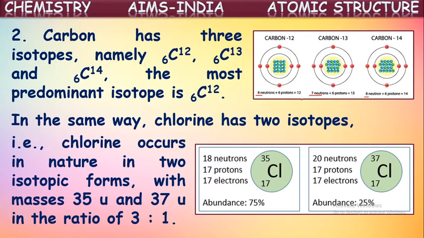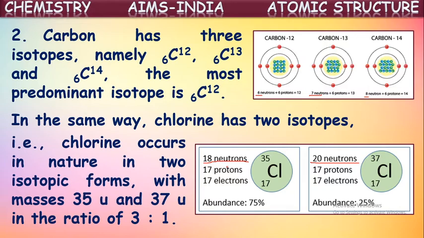So here also, this difference in the mass number is due to the difference in the number of neutrons in the nucleus. See, the number of protons is the same, the number of electrons is also the same, only the number of neutrons differs, so they get different mass numbers.